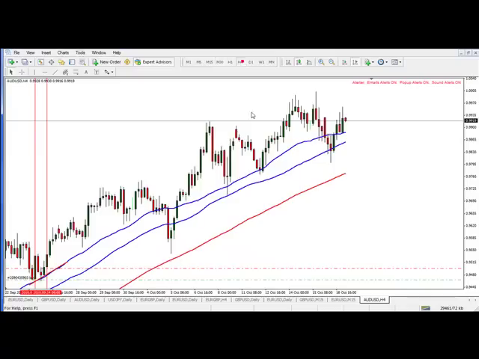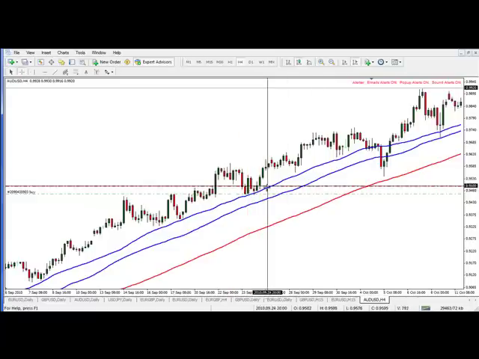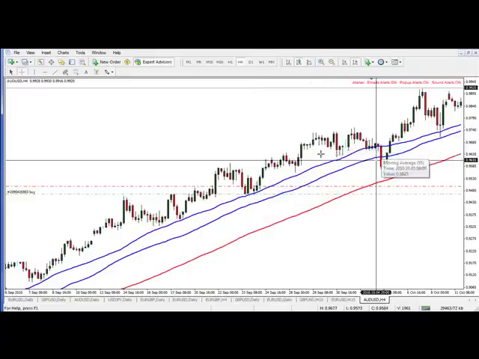So then we go back up here to our blue zone, and what have we got there? We've got this really great move coming off of an 18 pip stop loss. So we have our 18 pip stop loss, and let's take a look at how far we actually moved before we really made a retracement back down into the blue zone.